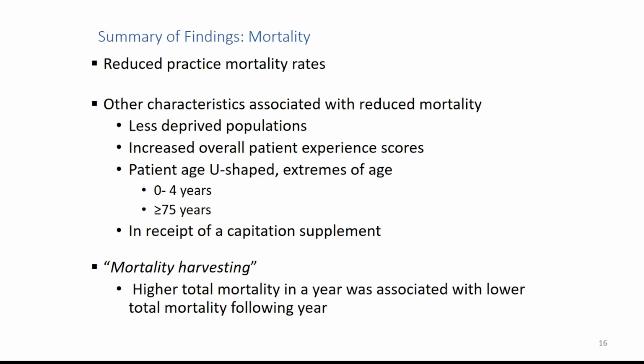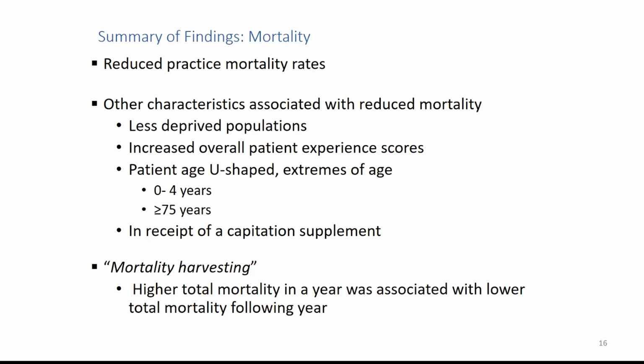So other characteristics associated with reduced mortality: less deprived population, so practices that are in more wealthy and affluent areas; increased patient experience scores, happy patients, how reduces mortality; and then the U-shape. So these are extremes of age. And then if you're in receipt of what's called a capitation supplement, this was unfortunately phased out a few years ago, so it's not currently included in the funding.